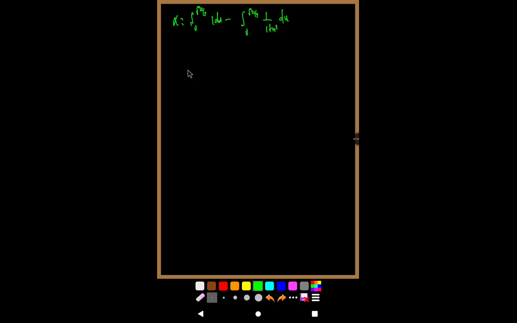If you integrate 1 du, we are going to have u, and you apply the limit 0 to square root of pi over 2. Then minus, and if you integrate 1 over 1 plus u squared du, you're going to have arctan of u, also with the limit 0 to square root of pi over 2.